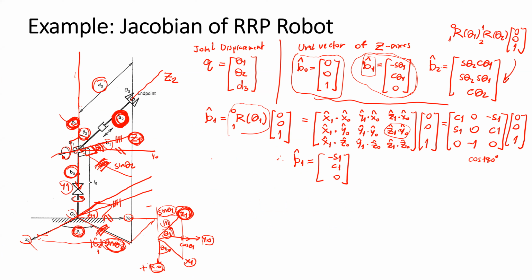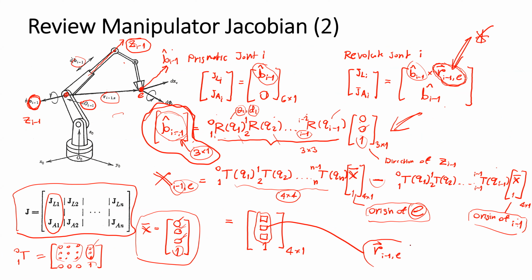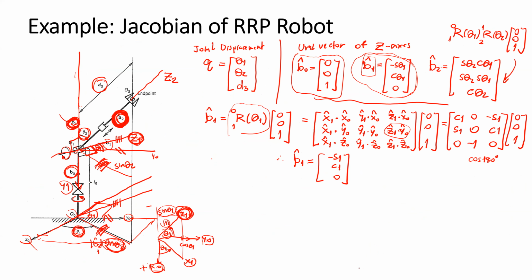How about the relative position vector? The relative position vector may be, in this case, we may have the relative position vector of frame 1 to the end effector, and we have frame 1, frame 0, and frame 2.